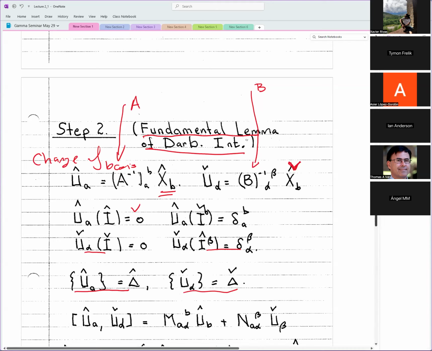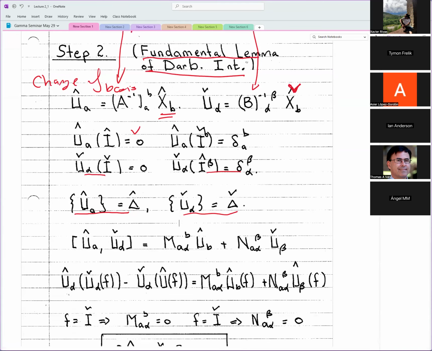And now the next step is to compute the brackets. So I want to take these vector fields here and bracket them with these vector fields. Where's the answer? Well, because delta hat, delta check is inside delta hat plus delta check, I know that this bracket is a linear combination of the U hats and the U checks.